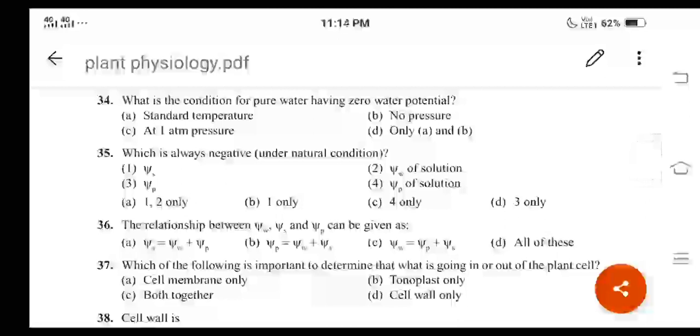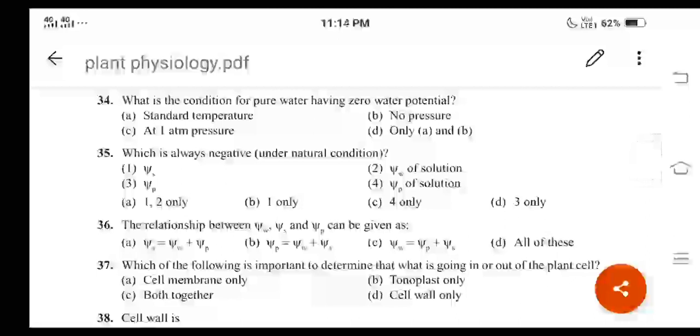Which is always negative, solute potential or osmotic potential, because of the presence of solute in the water. Its value will always be negative in natural condition. And water potential of a solution means what here?